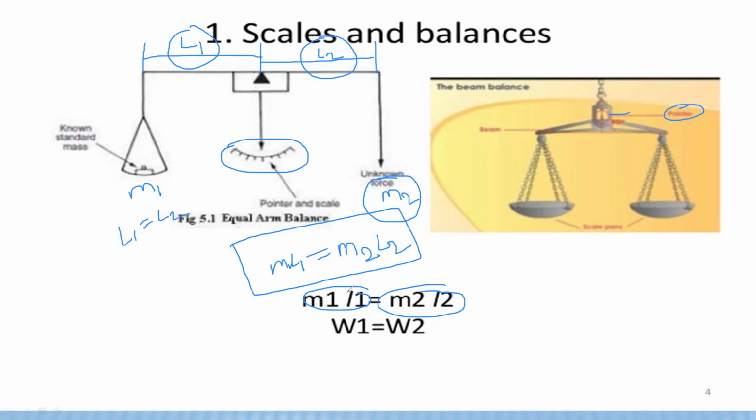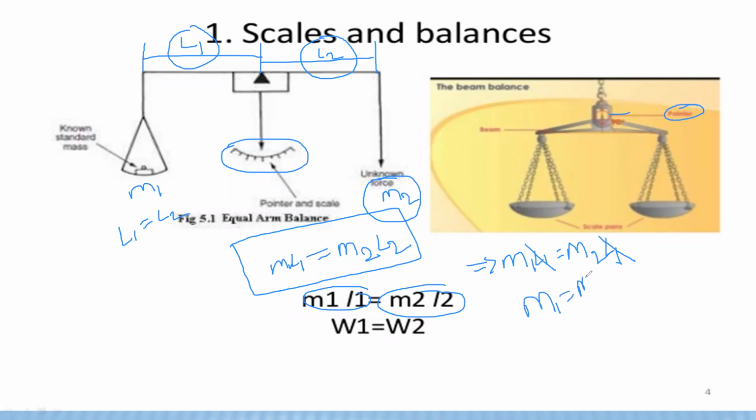So I will write M1 L1 is equal to M2 L1, since L2 is L1. Cancel this L1 and L1. So M1 is equal to M2.